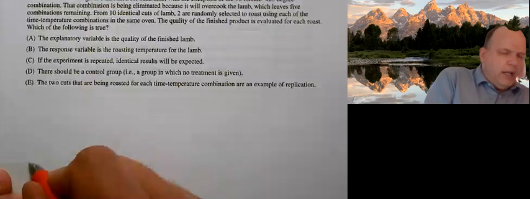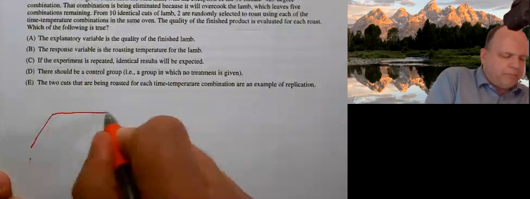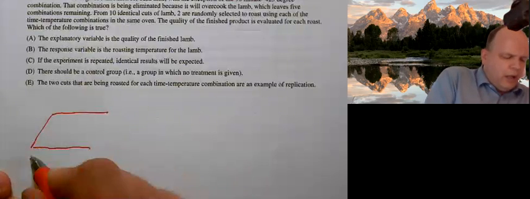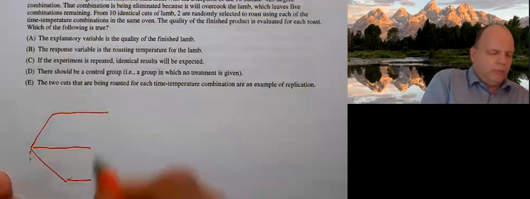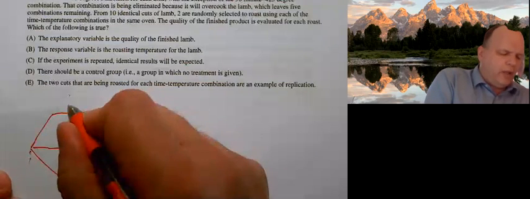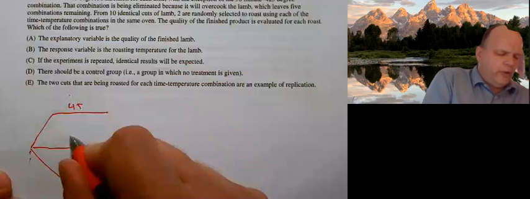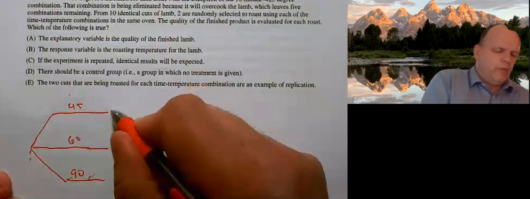As much as I don't like doing these, I'm going to go ahead and make a tree diagram. I'm starting off with time: I have 45 minutes, 60 minutes, and then 90 minutes. Well, that's one variable.